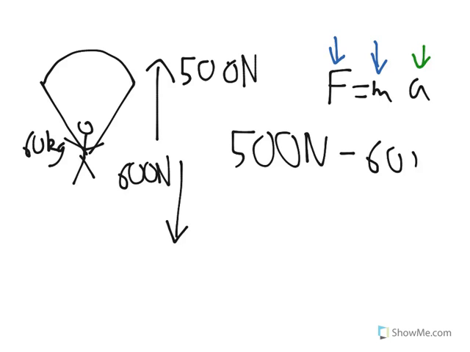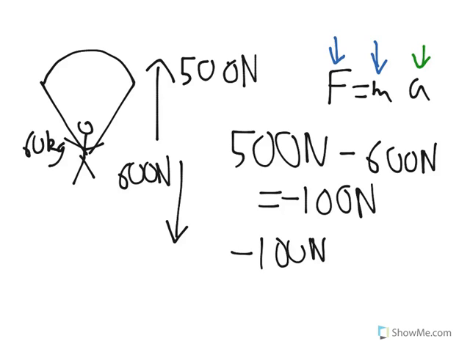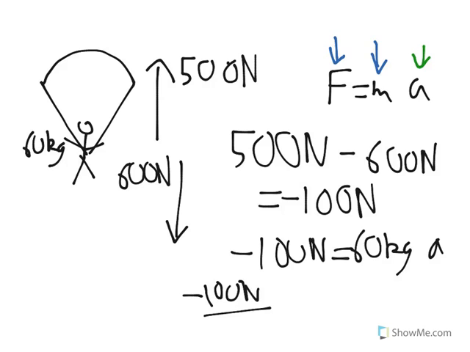And then minus 600 newtons, which is 600 newtons in the downward direction. So that equals negative 100 newtons. So you can see that negative 100 newtons equals 60 kilograms times acceleration. And that becomes negative 100 newtons over 60 kilograms equals acceleration.